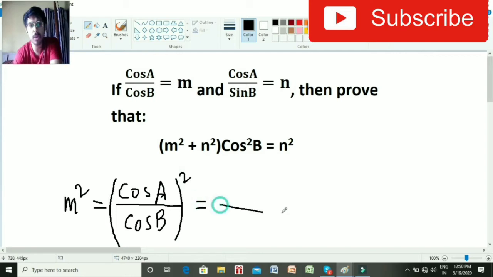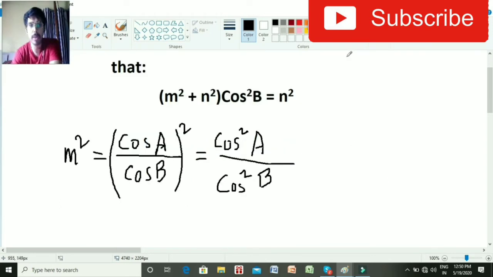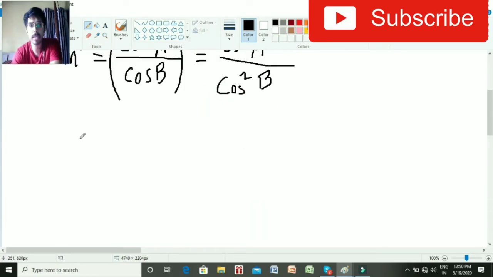We can also write it as cos square A divided by cos square B. Now again, N square will be cos square A by sin square B. Just the same way we will use the formula. So N square will be cos square A by sin square B.